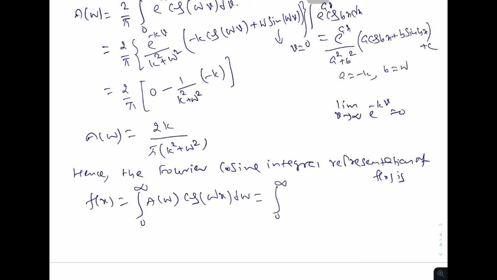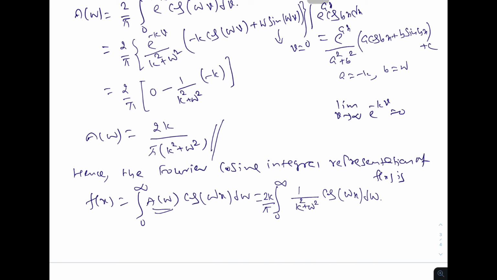Now we need to put in A(omega), so with respect to omega, this is 2k upon pi, which can be taken outside, times the integral of 1 upon (k square plus omega square) cos(omega x) d omega. So that is the answer.